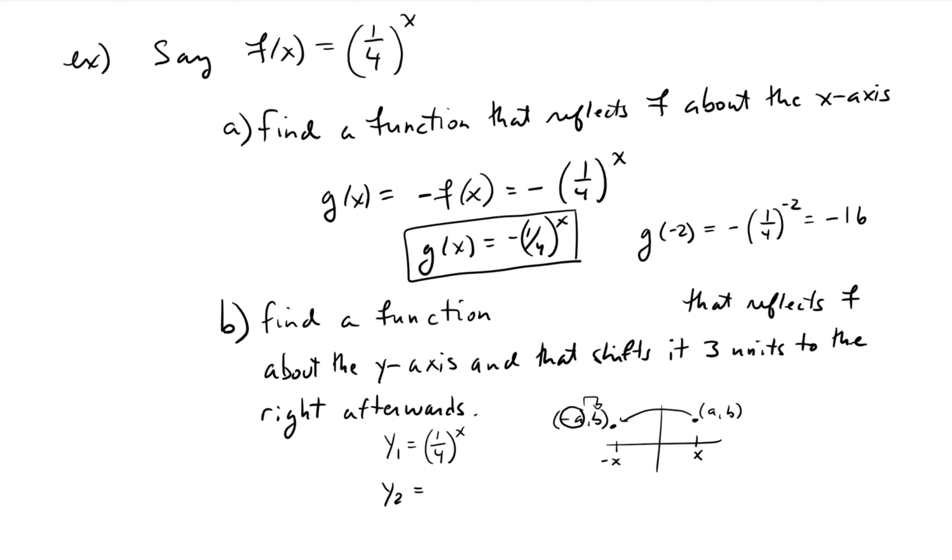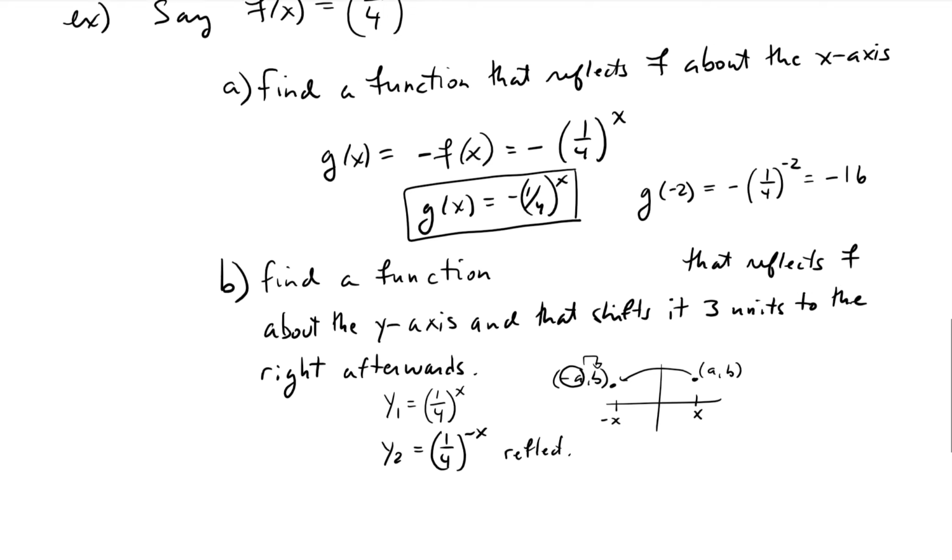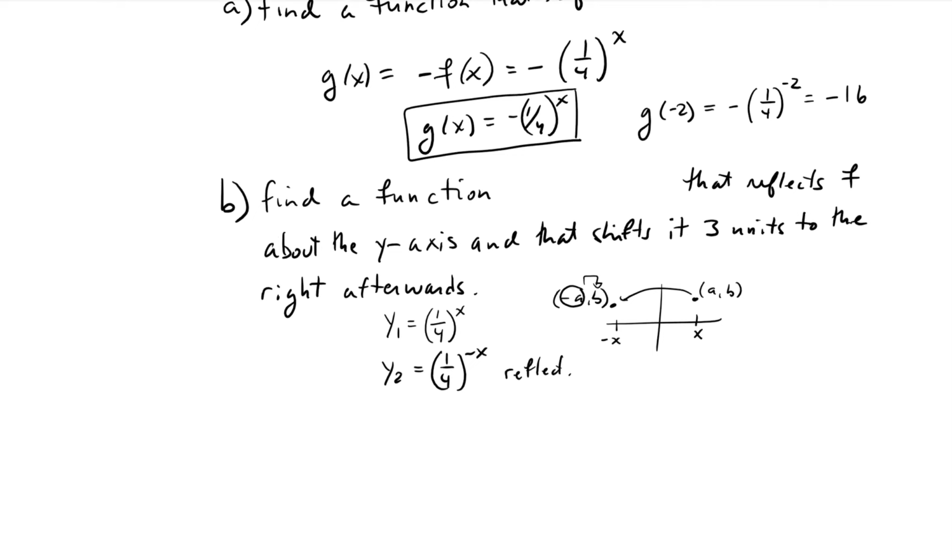So we saw that. So essentially, to reflect like this, you need to replace in function f x by minus x. So that does the trick. So this is going to be 1/4 to the power minus x, like this. So this is reflect, okay, about the y-axis.